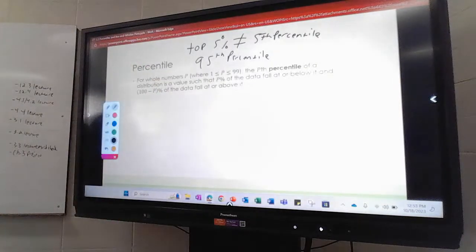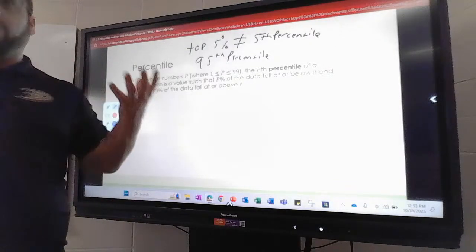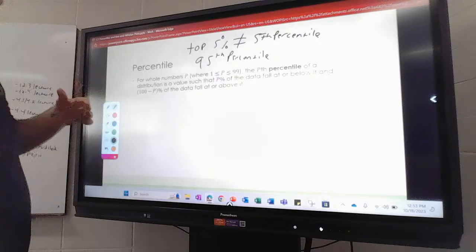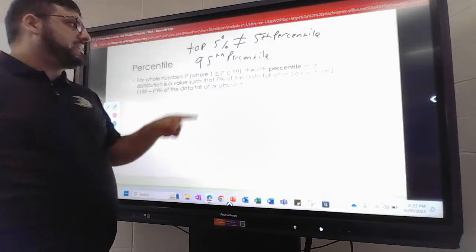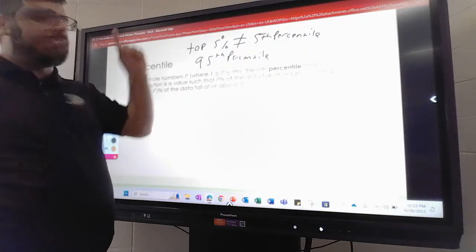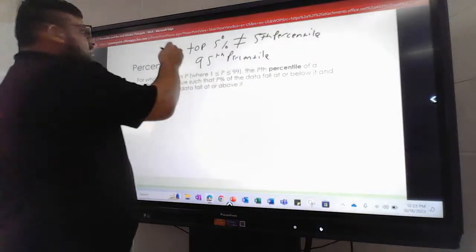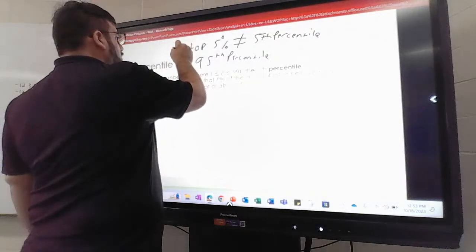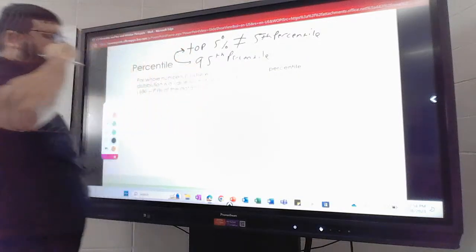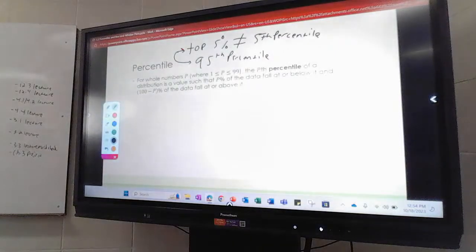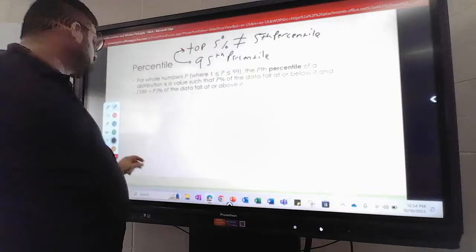That means that 95% of all of the scores that were counted either fall at or below that score of 81, which means that 5% of the data is higher than your 81. So to say that something is in the top 5% is exactly the same as saying that it lies in the 95th percentile, because 5% of your data is higher than that score.